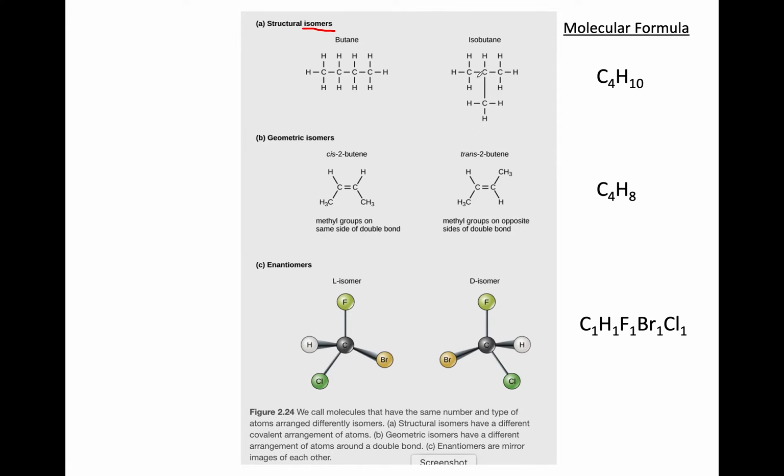So both butane, let's stick with A for now. With both butane and isobutane, if you were going to write the molecular formula of these two molecules, they would be exactly the same, C4H10.